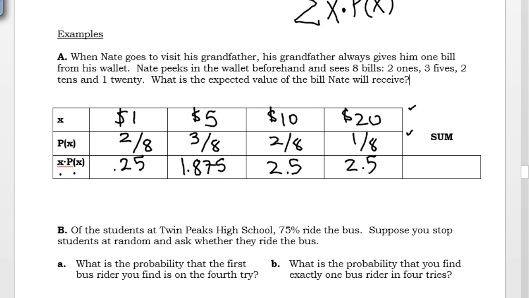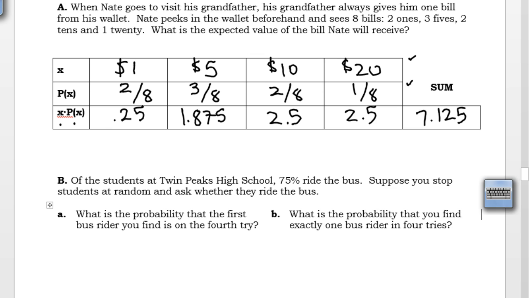We can add these all together. The expected value in this situation is 7.125. Basically, that means if we were to repeat this experiment over and over and over again, the average outcome that we would obtain is 7.125.